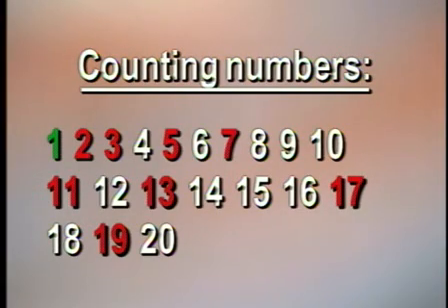The other numbers, you'll notice, are colored in 2 different colors. The numbers colored in red became very important to the ancient mathematicians because those were numbers that could only be factored one way. They only had 2 factors: 1, since all numbers have 1 as a factor, and the number itself.